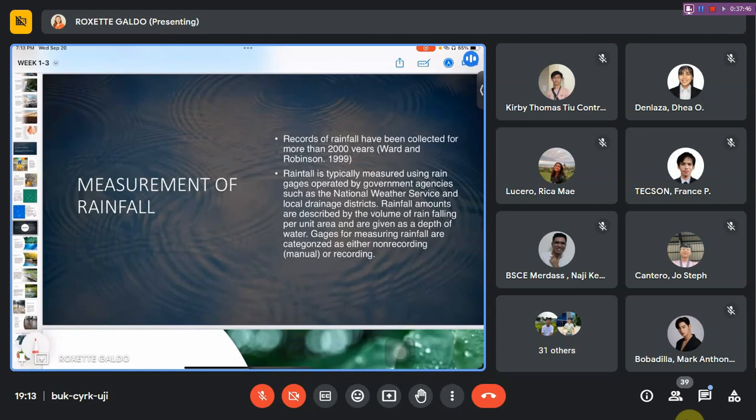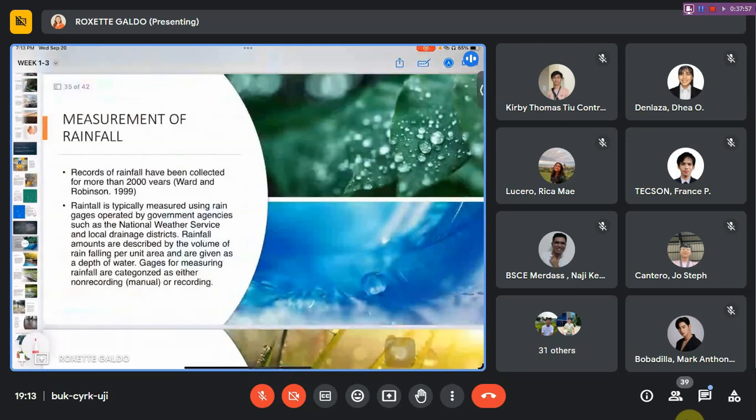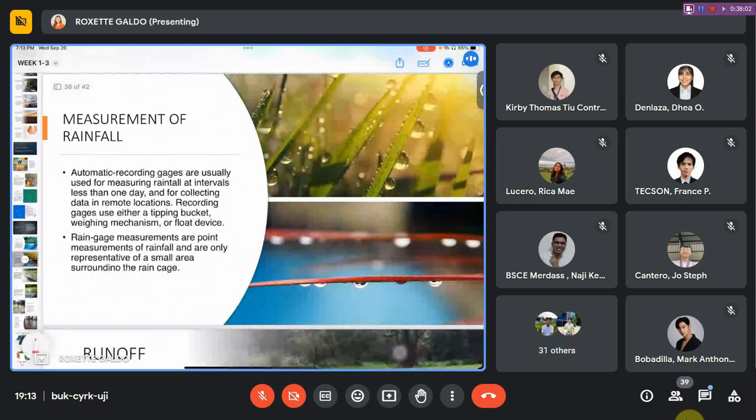That is why we engineers cannot directly calculate the runoff alone. We have to calculate the rainfall first. Okay? So in measuring rainfall, there have been a lot of inventions. Now we have automatic recording gauges and non-recording gauges. Automatic gauges record the data by themselves, while for non-recording gauges you just collect the data, then compute the rainfall data.